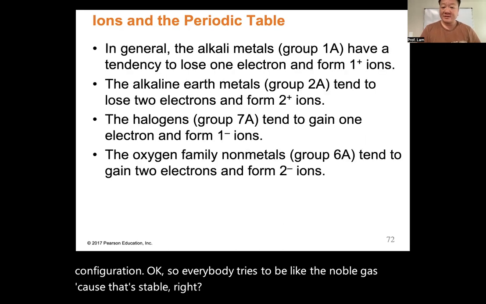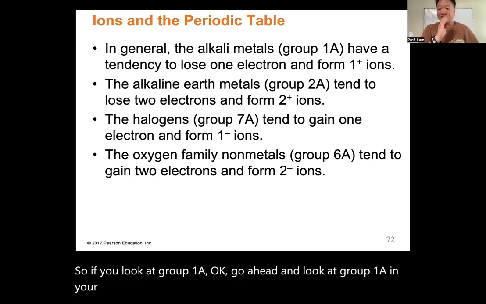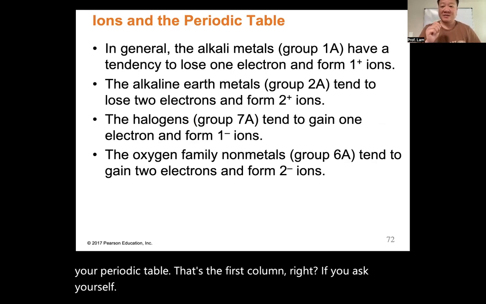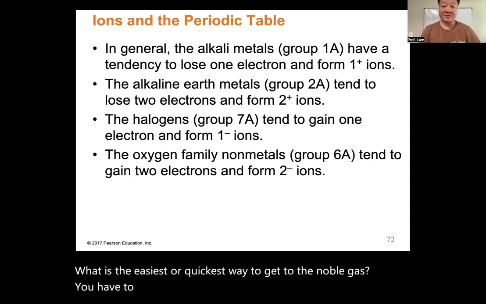So if you look at group 1A, go ahead and look at group 1A in your periodic table. That's the first column. If you ask yourself, what is the easiest or quickest way to get to the noble gas? You have to go left, right? Because the noble gas is the last column, right?